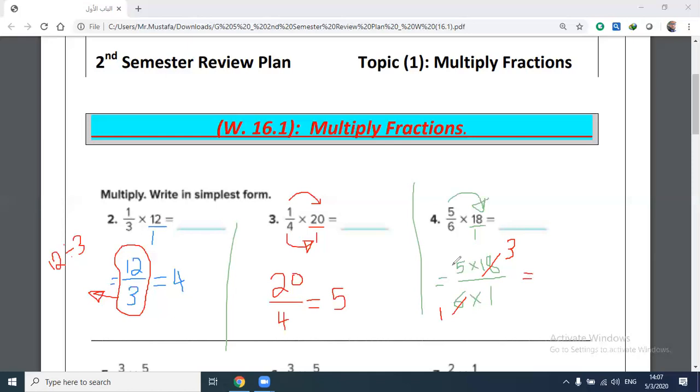The remainder: 5 times 3 in the numerator equals 15, over denominators 1 times 1 equals 1. 15 over 1 equals 15 because any number over 1 gives us the whole number. So the answer is 15.